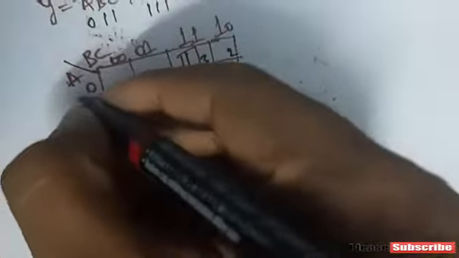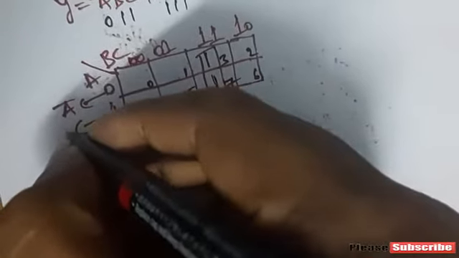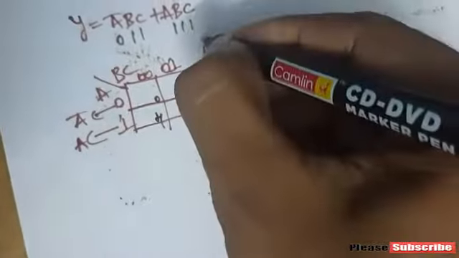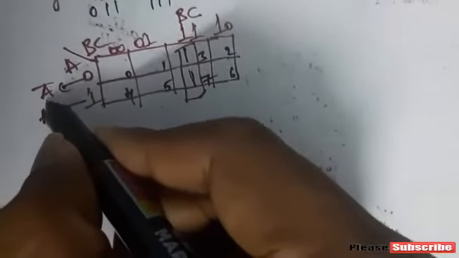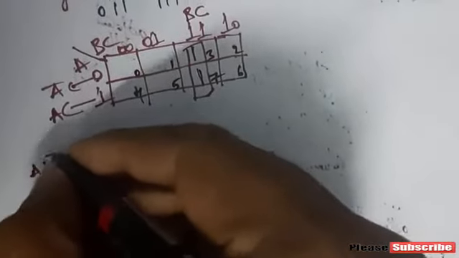This will be the A bar, this will be the A. Here B, C, answer will be the BC, right? Why? A plus A bar will become 1. Here 0 will be changed to 1, right? That means A plus A bar is equal to 1. Only we get the BC. You will get the answer as BC.